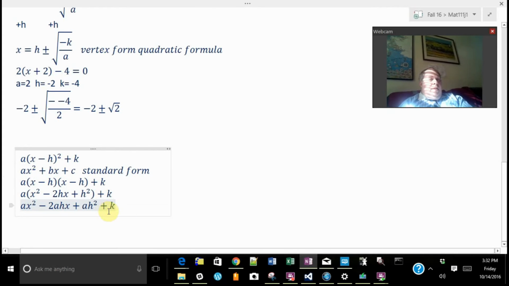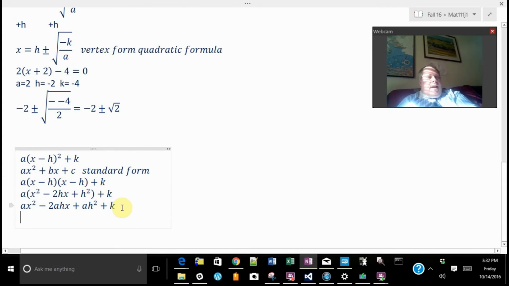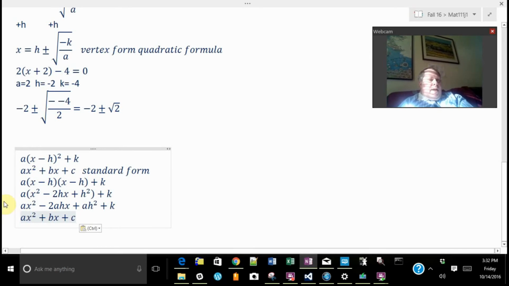Now, the idea is we're going to match that up. Well, ax squared is the same in both forms. But in this form we have minus 2ah times x, and in this form we have b times x.